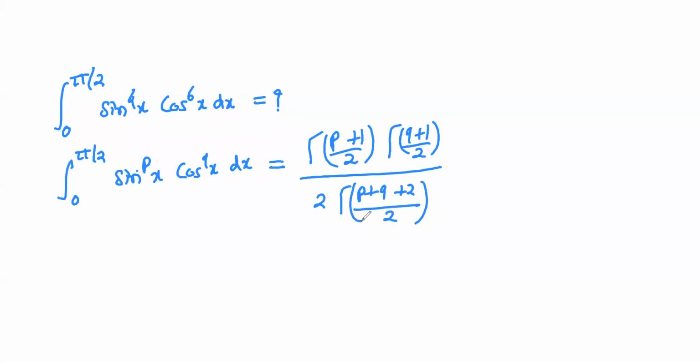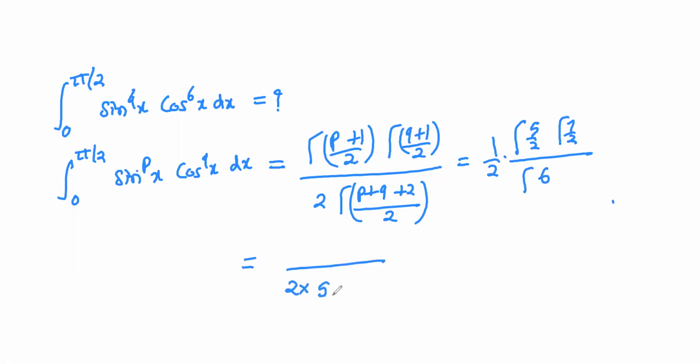So here instead of p we have 4, so it is 4 plus 1 upon 2 means 5 by 2, gamma 6 plus 1 by 2 means 7 by 2, divided by gamma 4 plus 6, so it is 10 plus 2 is 12, this is gamma 6. So gamma 6 is nothing but 5 factorial. So can I write 1 upon 2 into 5 factorial, and this is gamma 5 by 2 gamma 7 by 2.